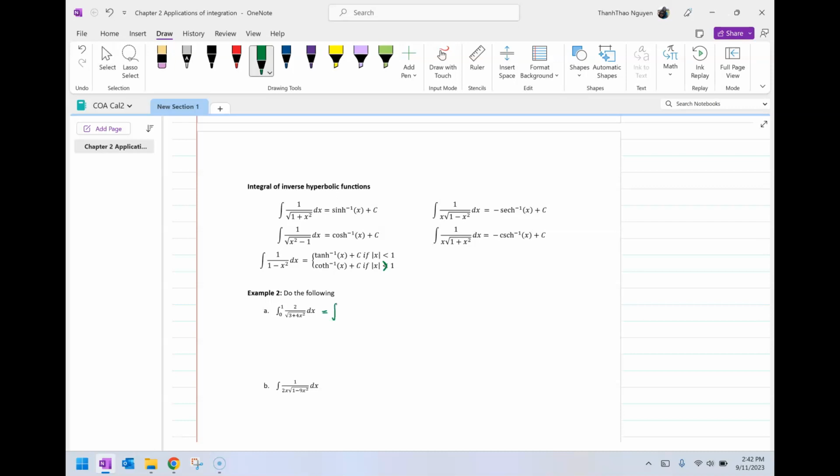So this is equal to the integral from 0 to 1 of 2 over, I will factor out 3, then I have 1 plus 4/3 x squared dx. So this is the integral from 0 to 1 of 2 over root 3, all over the square root of 1 plus 4/3 x squared dx.